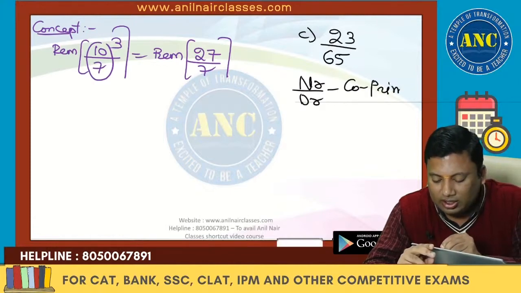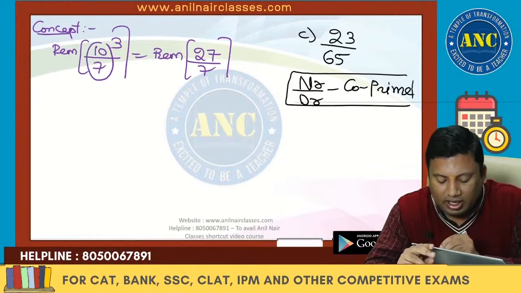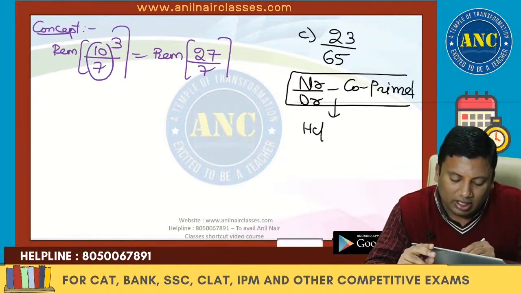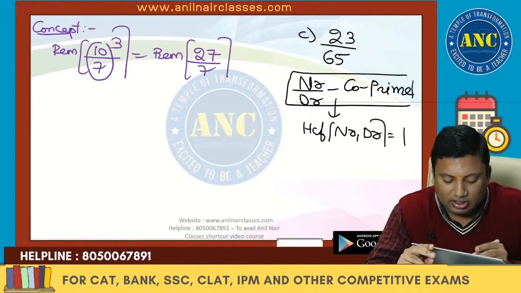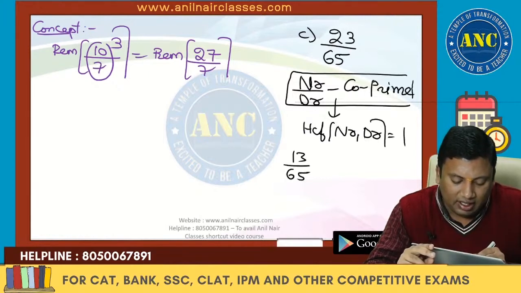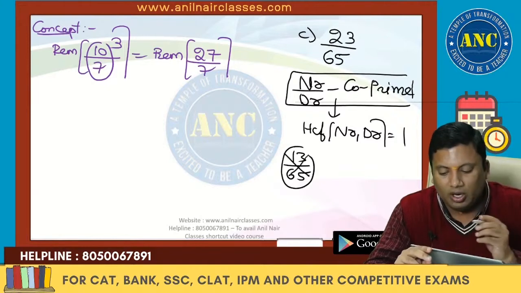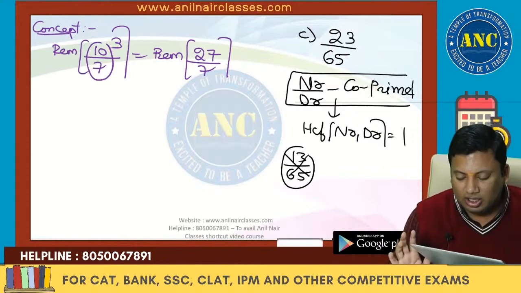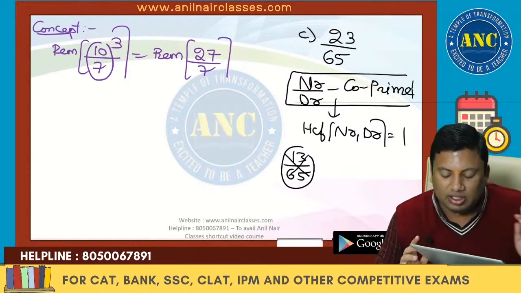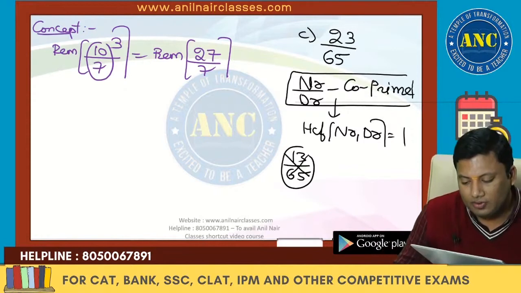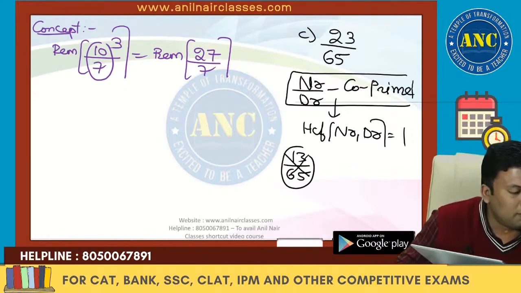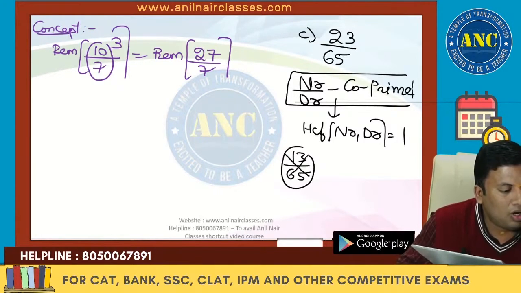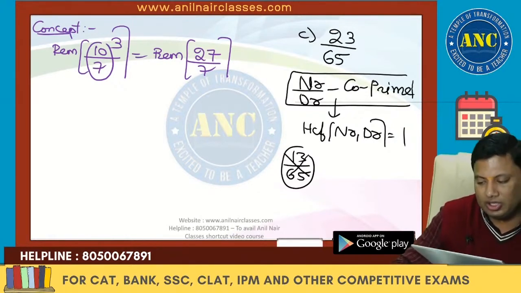In a hurry, I took 13 and 65, which are not co-prime. Thank you, Sriram, for pointing out the mistake. Please change it to 23 by 65.